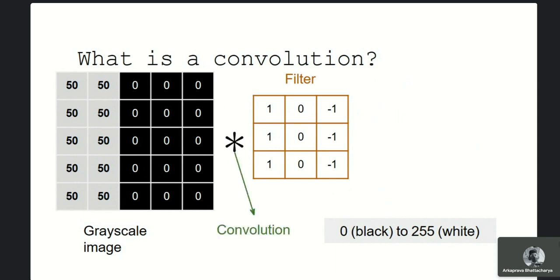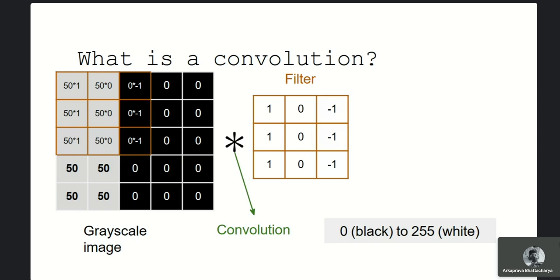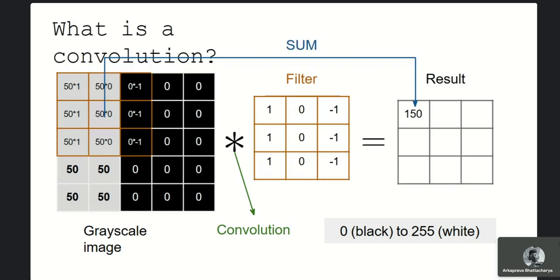Now, as I move through the slide, first this filter goes to the topmost corner, is multiplied with the values of this grayscale image, and then you sum it up.